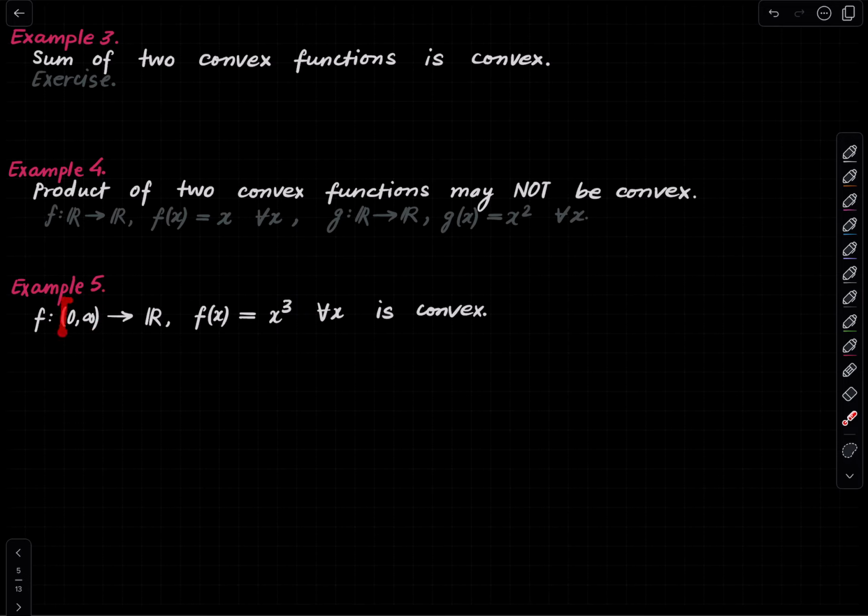You can also include 0, no harm in that, but let's leave it like this. And again, if you draw the graph, it looks something like that, and that is certainly convex. You can again formally prove it. But we will soon see a criterion which will immediately show the convexity of it. We don't need to do any work really. All right, let's proceed.